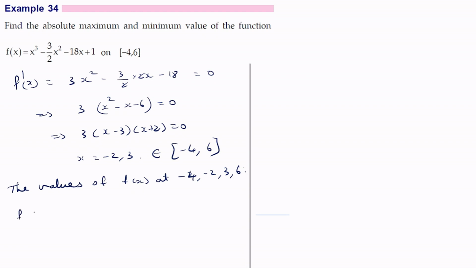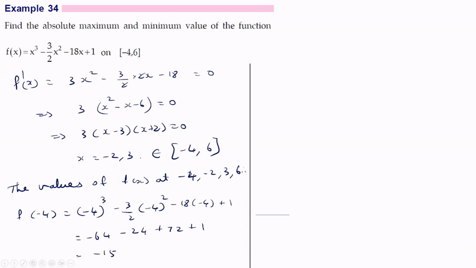So first let us find f of minus 4. It is minus 4 the whole cube minus 3 by 2 into minus 4 the whole square minus 18 into minus 4 plus 1, which is minus 64, then minus 24, then plus 72 plus 1. So this is equal to minus 15. Next we have f of minus 2.